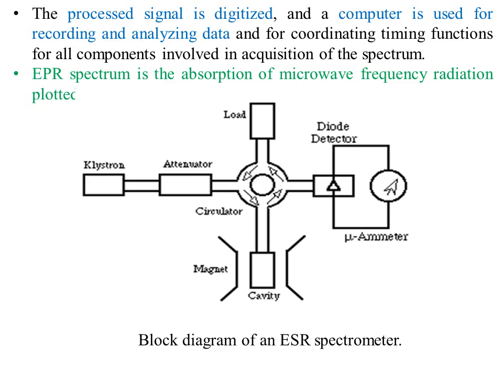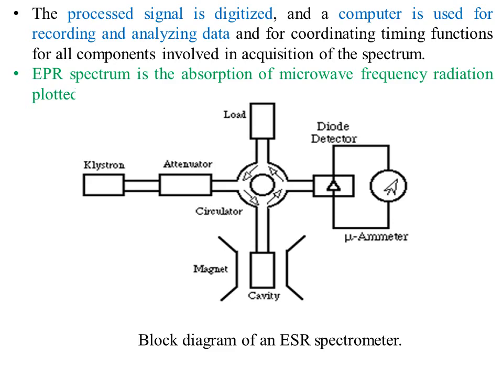So we can see that there are total 1, 2, 3, 4, 5, 6, and 7 components of this EPR spectrometer.